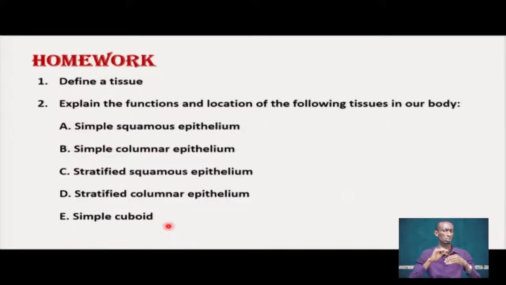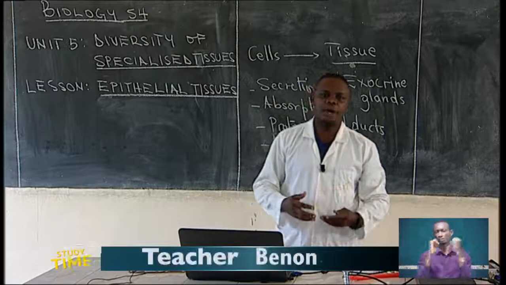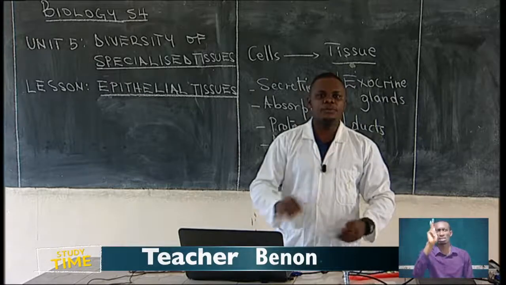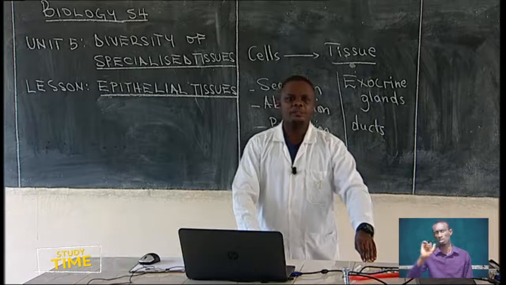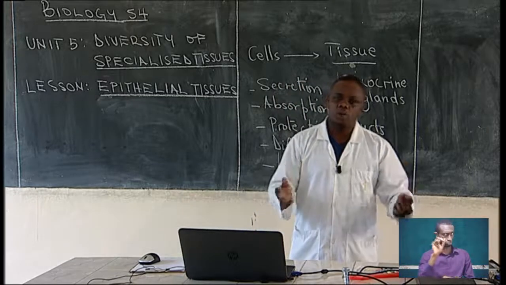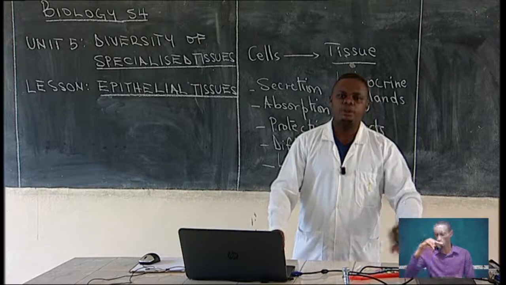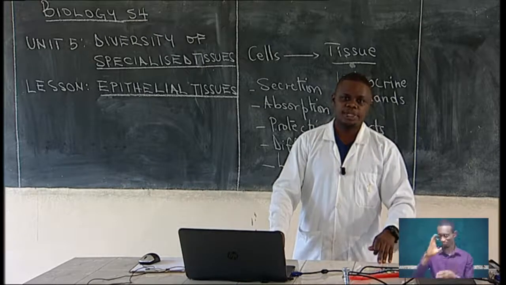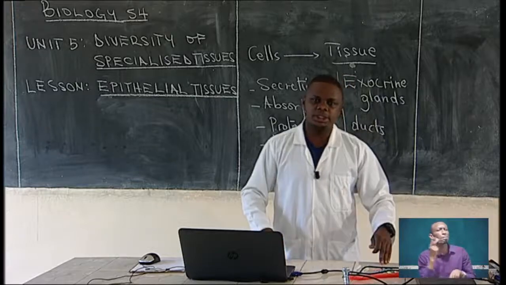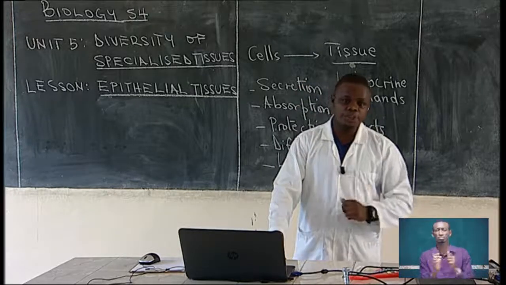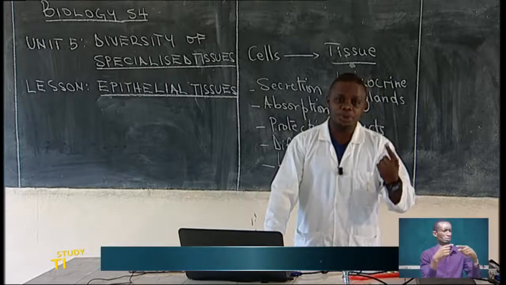Dear students, we have been talking about epithelial tissues. We have first defined the term tissue, where we have seen that a tissue is a group of similar cells which are specialized to perform a particular function. We have seen that in the human body, we have 4 different types of tissues. We have talked about epithelial tissues.